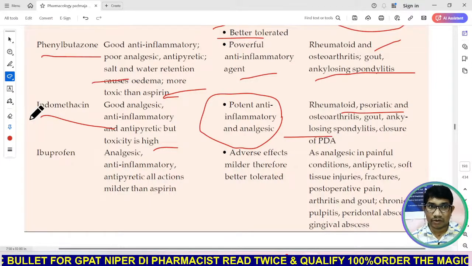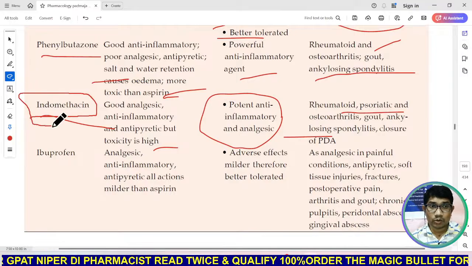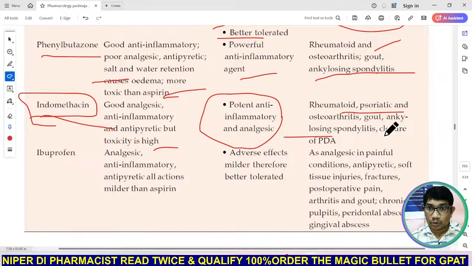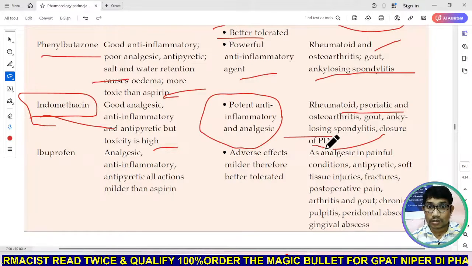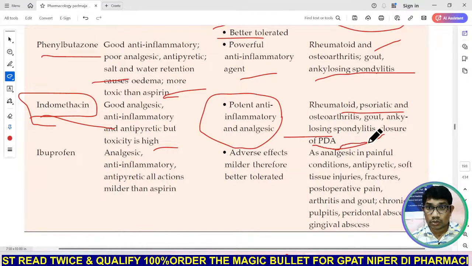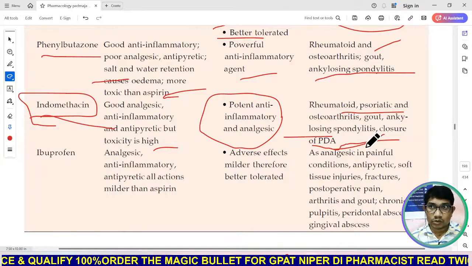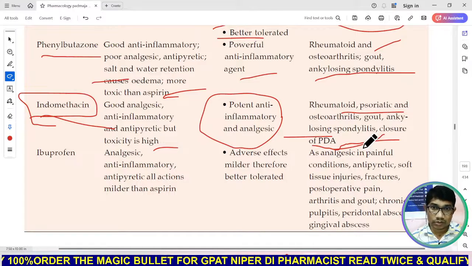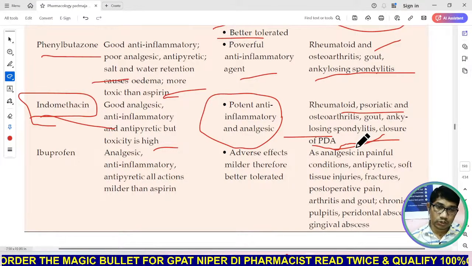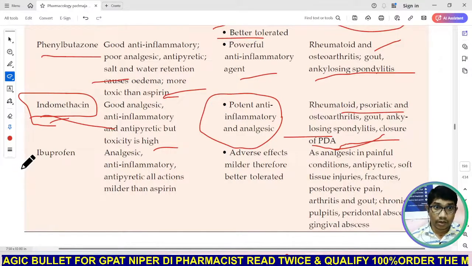And remember, a very important use of indomethacin is to close the PDA, the patent ductus arteriosus. When a baby is delivered, if the ductus arteriosus is not closed, that patent ductus arteriosus should be closed. To close that, indomethacin and aspirin are used.